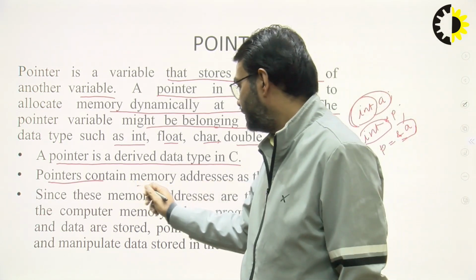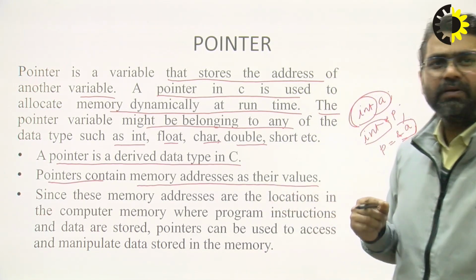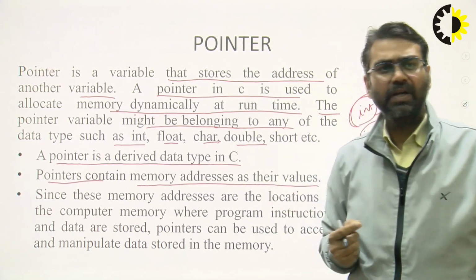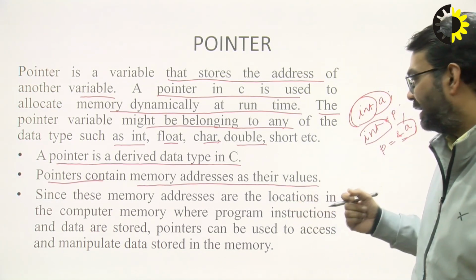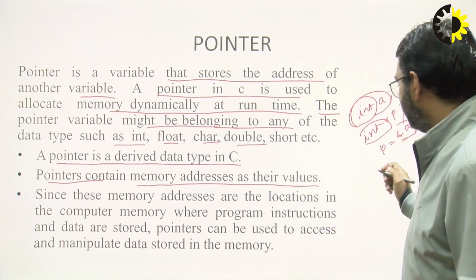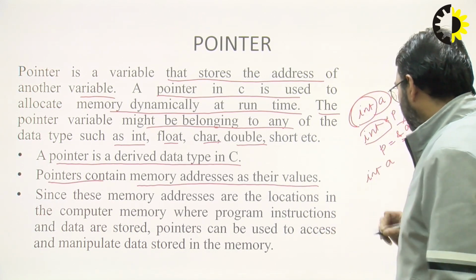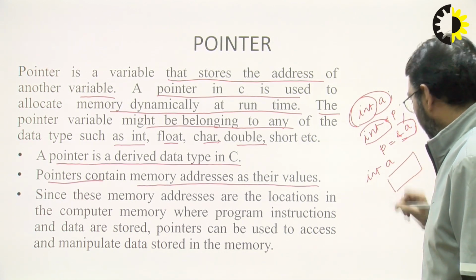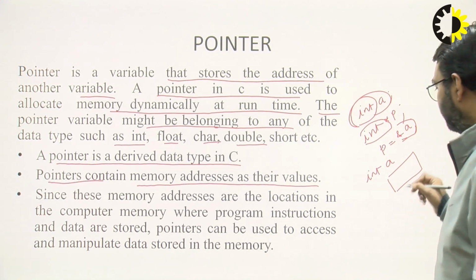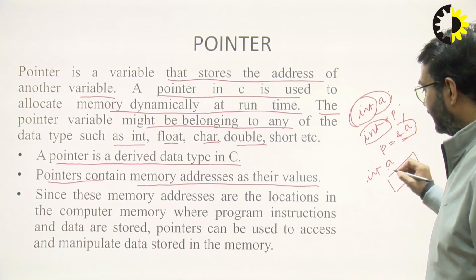Second, it contains memory addresses as its values. It does not contain normal values like real values, float values, integer values. It contains only the memory address as its value. Suppose we are declaring a variable a. When the compiler compiles that program in which variable a is declared, it assigns a memory location to that variable a.